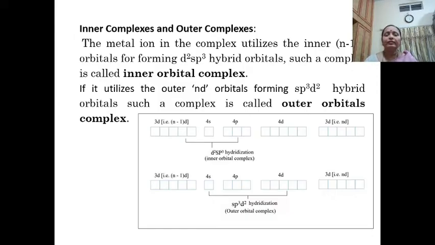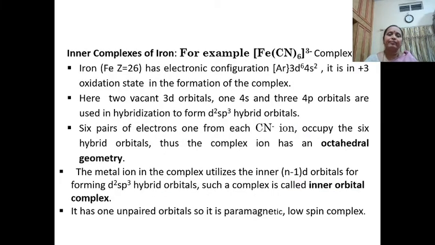So, if the metal atom is going to use its inner d orbitals, that is 3d orbitals, it will be called as inner orbital complex, and in this, supposing it is going to use 2d, 1s and 3p, it will be called as d2sp3 hybridization. But if it is going to use the outer d orbitals, it will be called an outer complex.